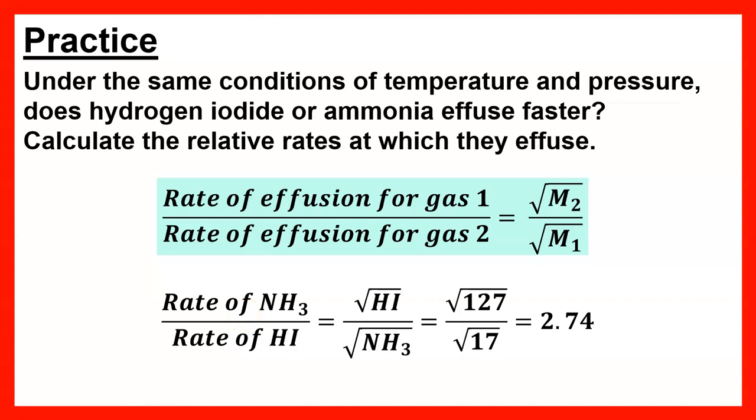And I suggest, if possible, if they leave it open-ended, put the smaller molar mass as gas 1. That way you're always seeing how much faster things go. Bigger numbers are usually easier for us than dealing with fractions, right? Of how much slower something is.